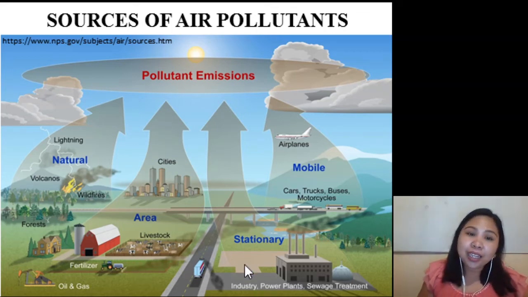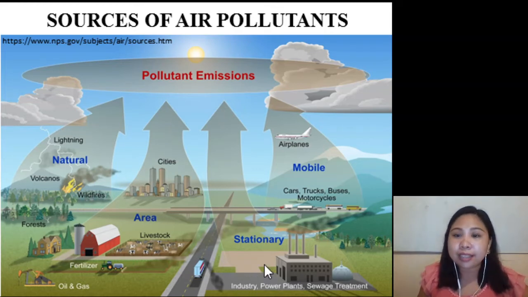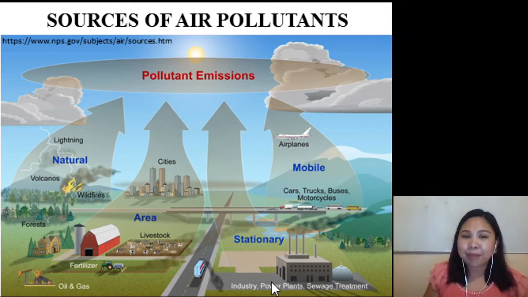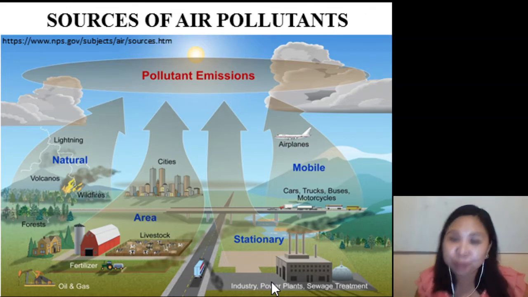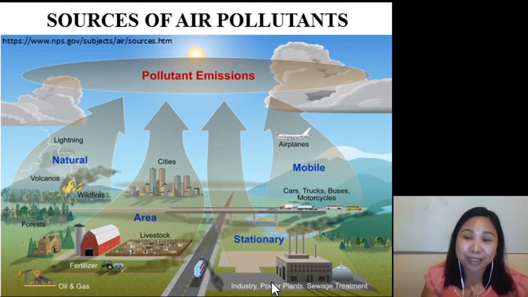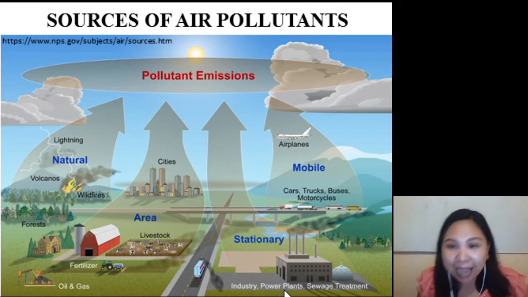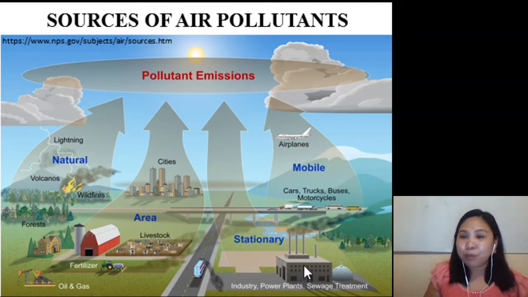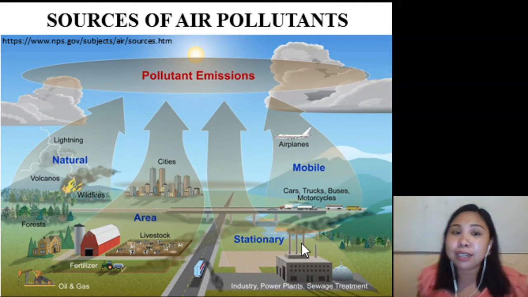Another category of pollutant source is the stationary source. We have industry, the factories. Why are they stationary? Because they do not move. The power plants and sewage treatment facilities do not move, but they release pollutants.